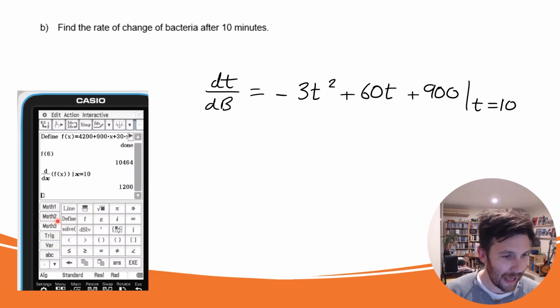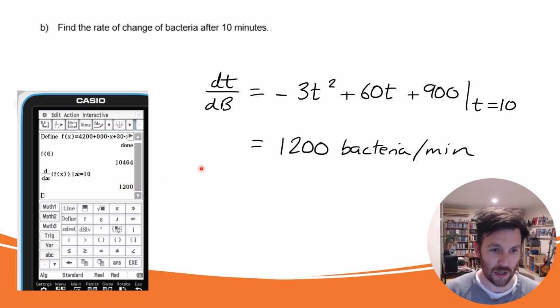And then I'm going to hit this vertical line button just there. And then up here, once that vertical line's appeared, I'm going to say, hey, I want to evaluate the derivative of f of x when x is equal to 10. And if you hit execute, it's going to spit out what the value of that is, which happens to be 1,200.